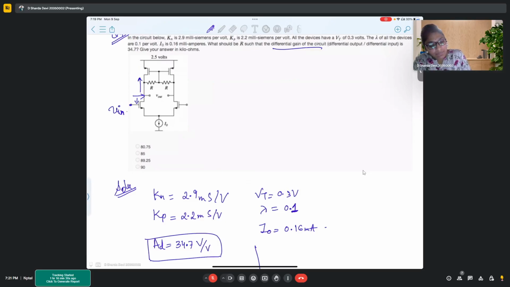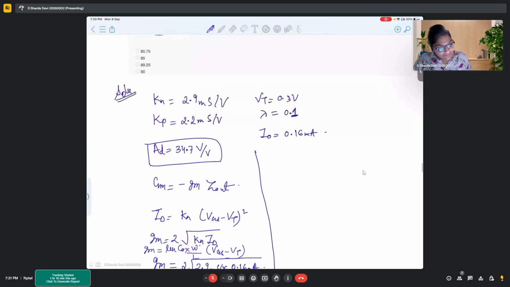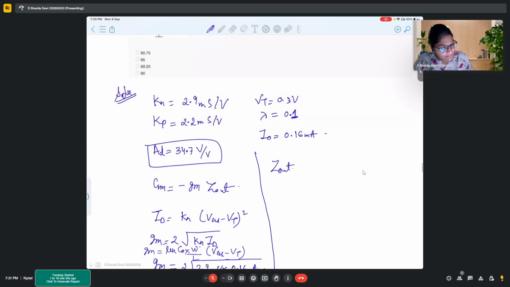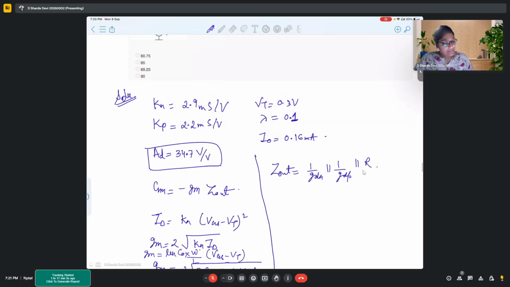This P-type transistor will give us 1 by GDP. This N-type transistor will give us 1 by GDN. We discussed this last time as well, right? And then we have this R. So it turns out that Z out will be 1 by GDN parallel to 1 by GDP parallel to R.